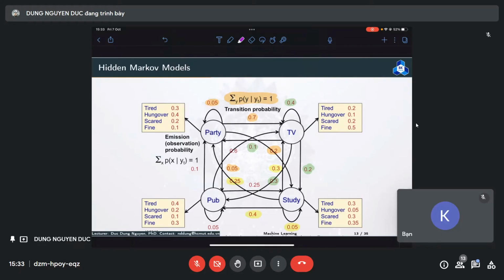From pub to pub is 5%, from pub to party is 10%, 60% to watch TV, and 25% to go study.